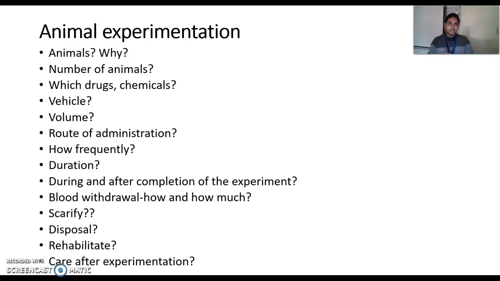Then, in rat, which strain of the rat you would like to use, or which strain of mice. Suppose you have written that you are going to use BALB/c mice, then the question would be why you would like to use BALB/c mice for your experiments.